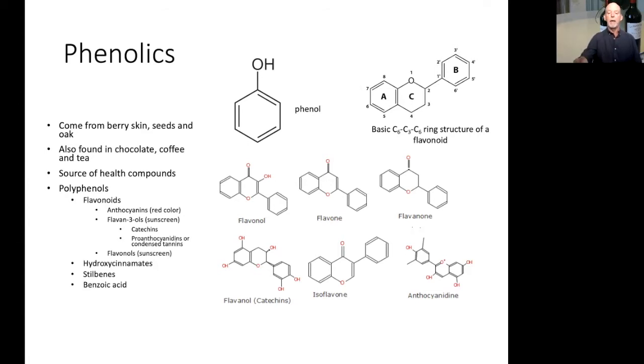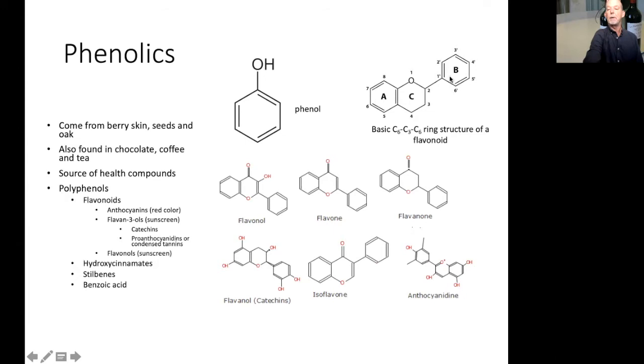And we have a compound here that is a phenol, which is a 6-carbon ring structure with a hydroxyl on the end. And this is the basic component of what a phenol is. And then we have flavonoid compounds, or phenylpropanoids, there are several different names, that are basically three-ring structures.